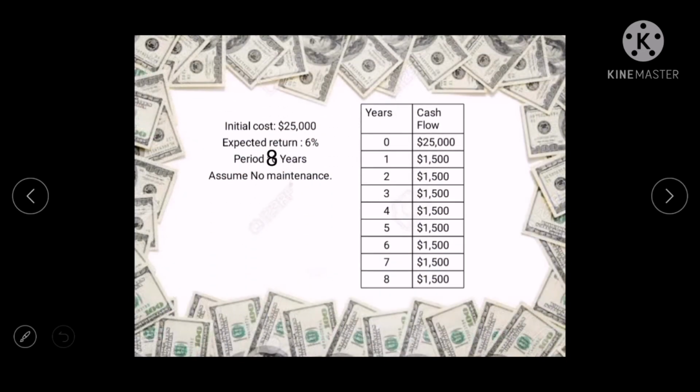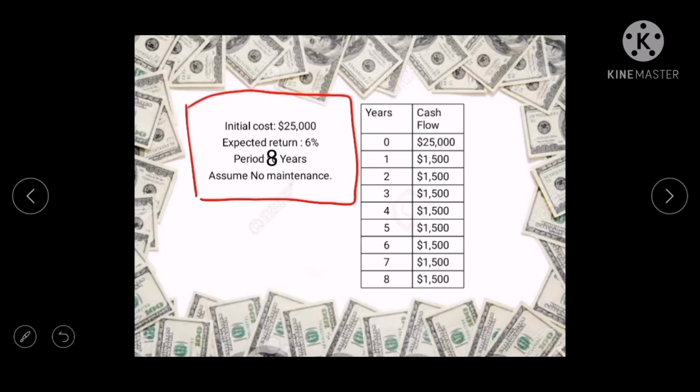So first, kailangan natin i-determine yung mga kailangan natin. So first is initial cost, which is 25,000 US dollars. Expected return, which is 6%.